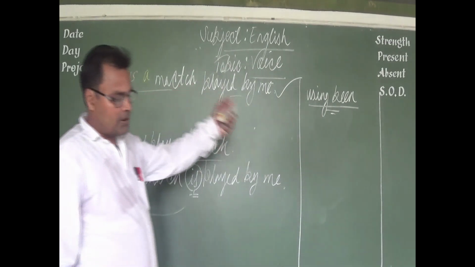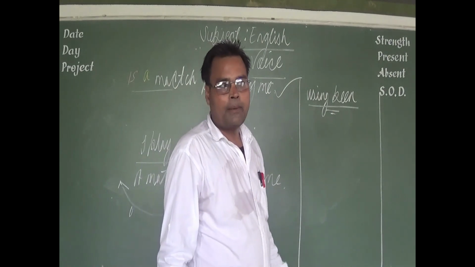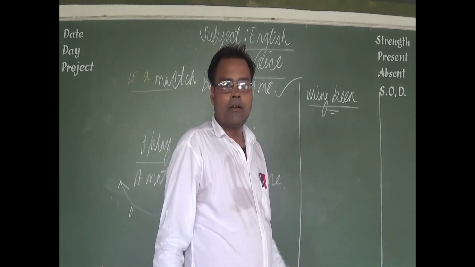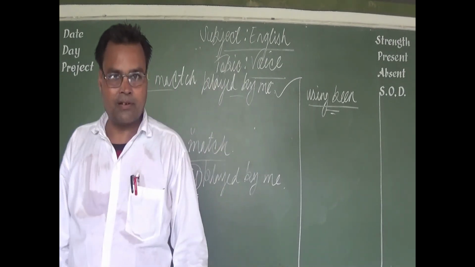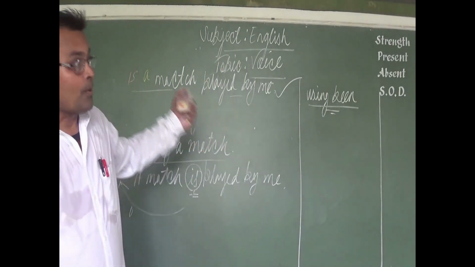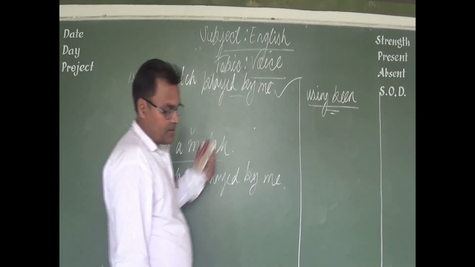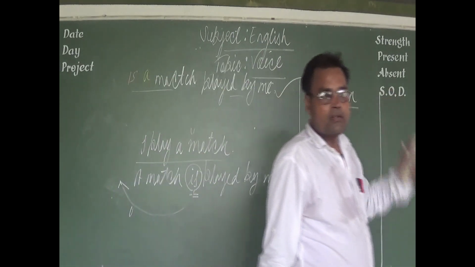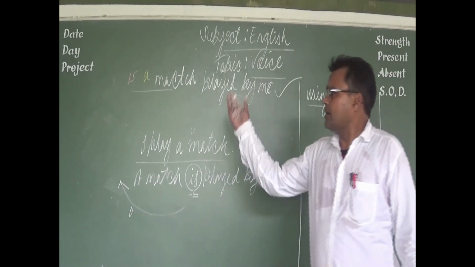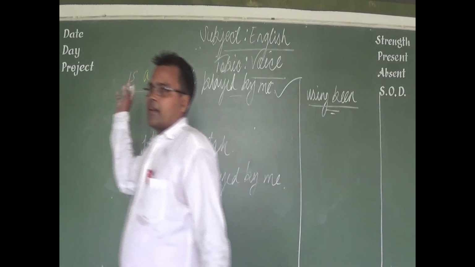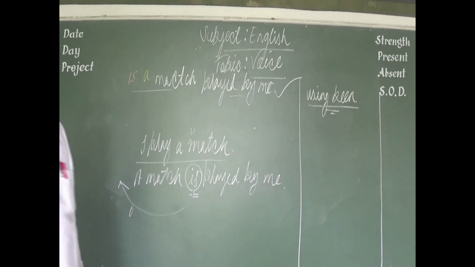And you will convert it to the passive form. The passive form will be in the present tense, but the original one was in past tense. So, while converting, you have to change the form of the second one.